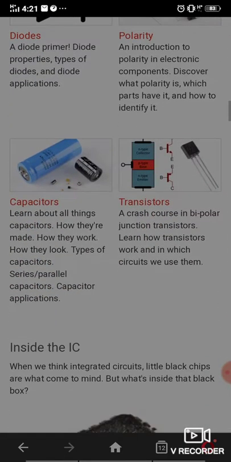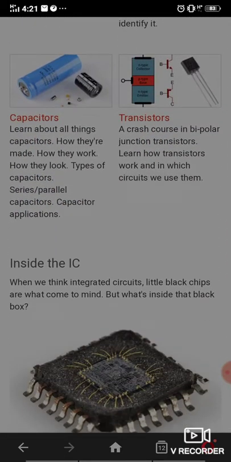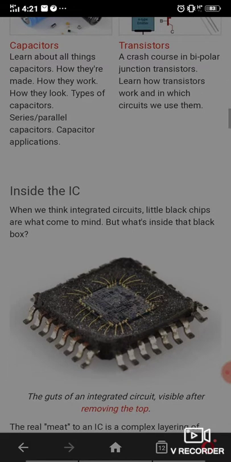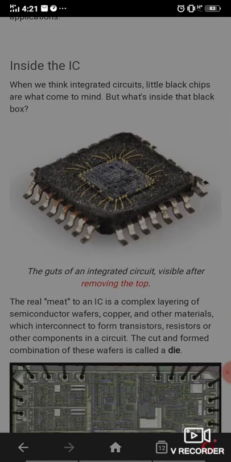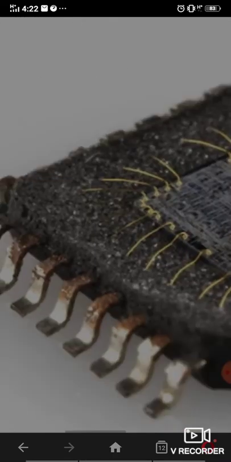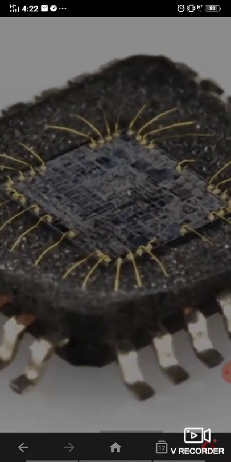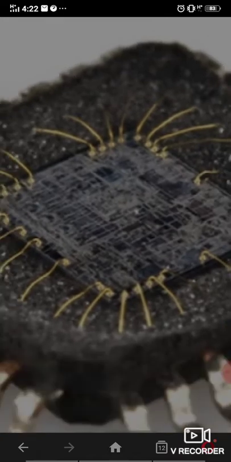Diode, polarity, capacitor. Inside the IC: when we think of integrated circuits, little black chips are what come to mind. But what is inside that black box? So you can see the IC's inner portions.